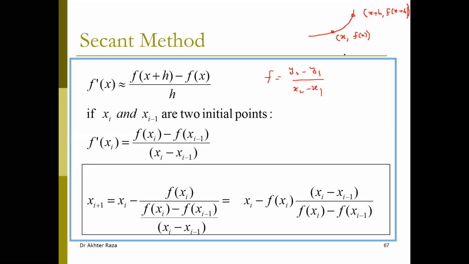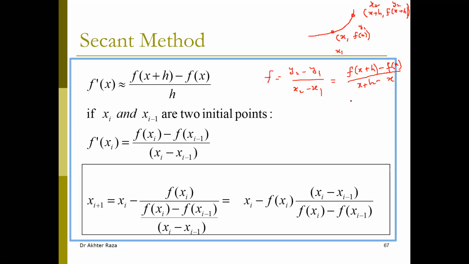Now, how is slope computed? Slope can be computed as y2 minus y1 upon x2 minus x1. Plug these values into the formula: y2 is f of x plus h, minus y1, y1 is f(x), divided by x2, x2 is x plus h, minus x1, and x1 is x.